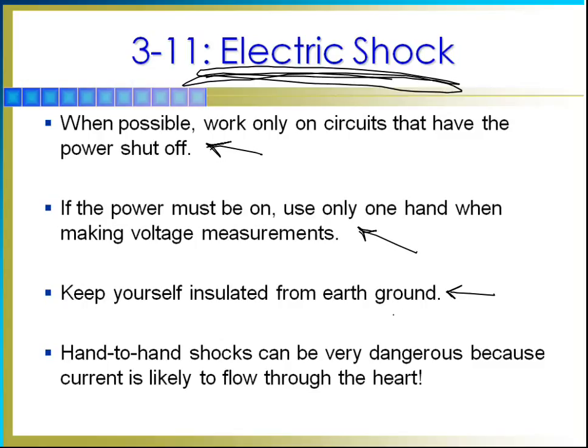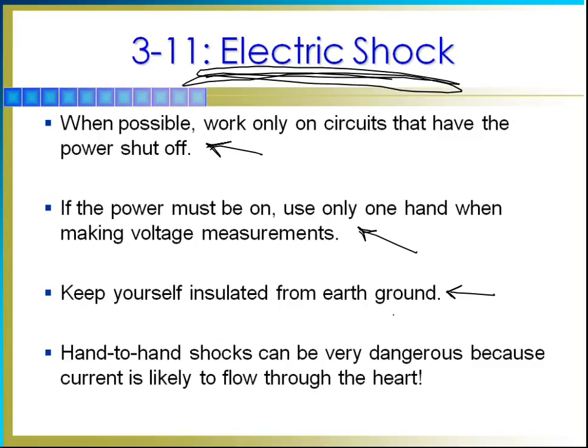Once again, current is going to flow from whatever part of the body you're touching that hot circuit through to the ground. So if you're leaning against something that's grounded and you've got your other hand in a hot circuit, you're giving yourself a hand-to-hand conduction. If you're working barefoot on a concrete floor, you grab that hot lead, you're giving a path through your heart to the ground.